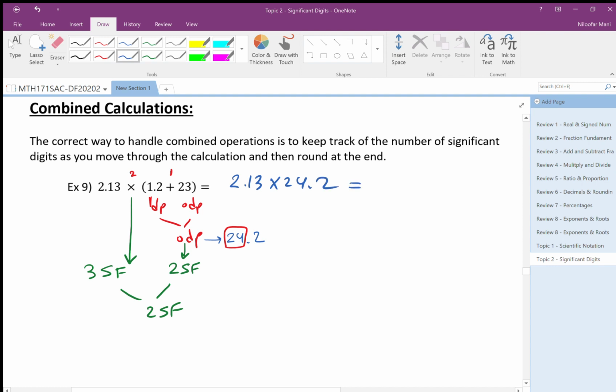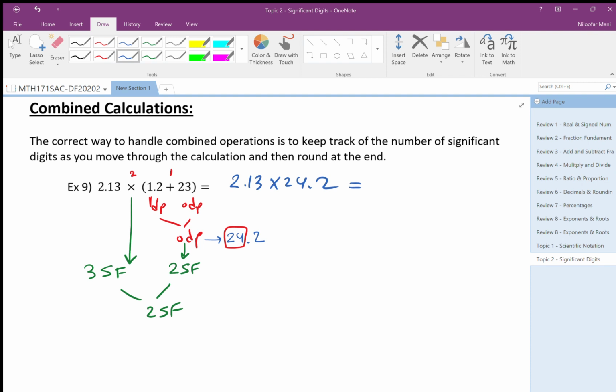I mean, you are not removing the 2 here and saying, okay, I want 0 decimal place. If you do that, you are rounding in the middle of the process, and that's wrong. I just consider, if I get 0 decimal place, how many significant figures I have.